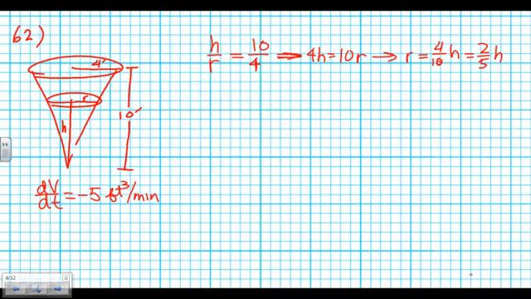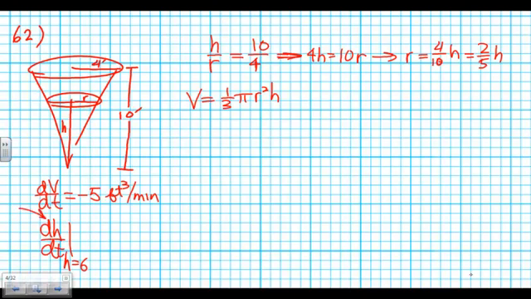And then how fast is the water dropping when the height is 6 feet? How fast is the water dropping when height is 6? That's our question. Which means that although our initial equation has both r's and h's in it, we don't want any r's in there anymore, because our question is dealing with just h's.